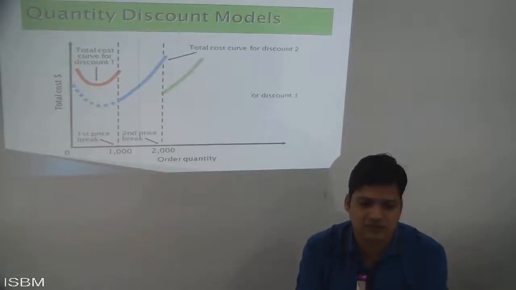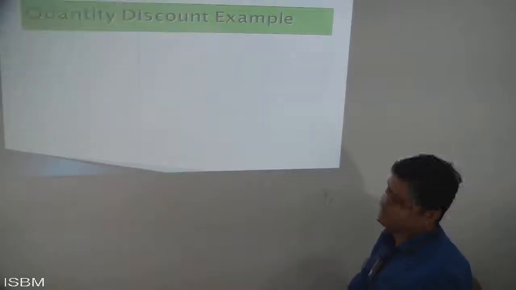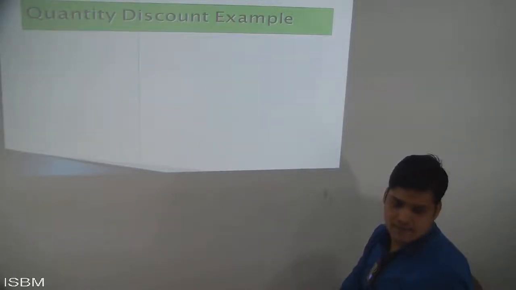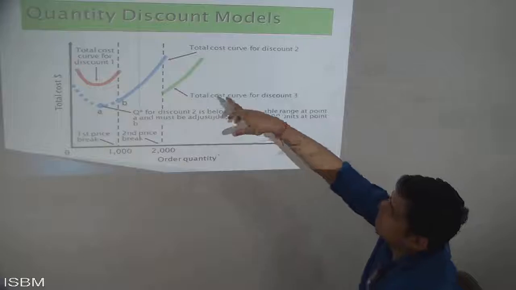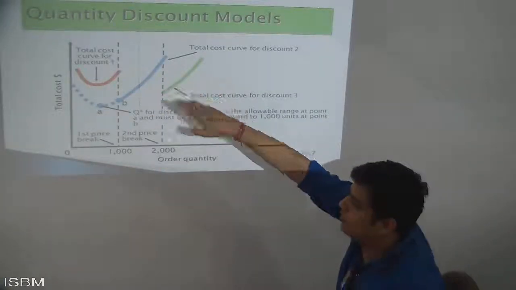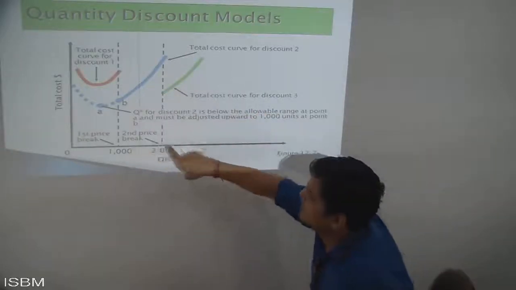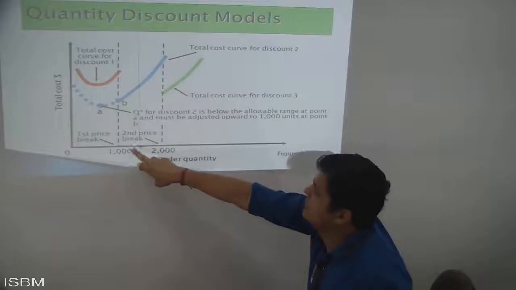You can see over here a graph where total cost and order quantity are involved.